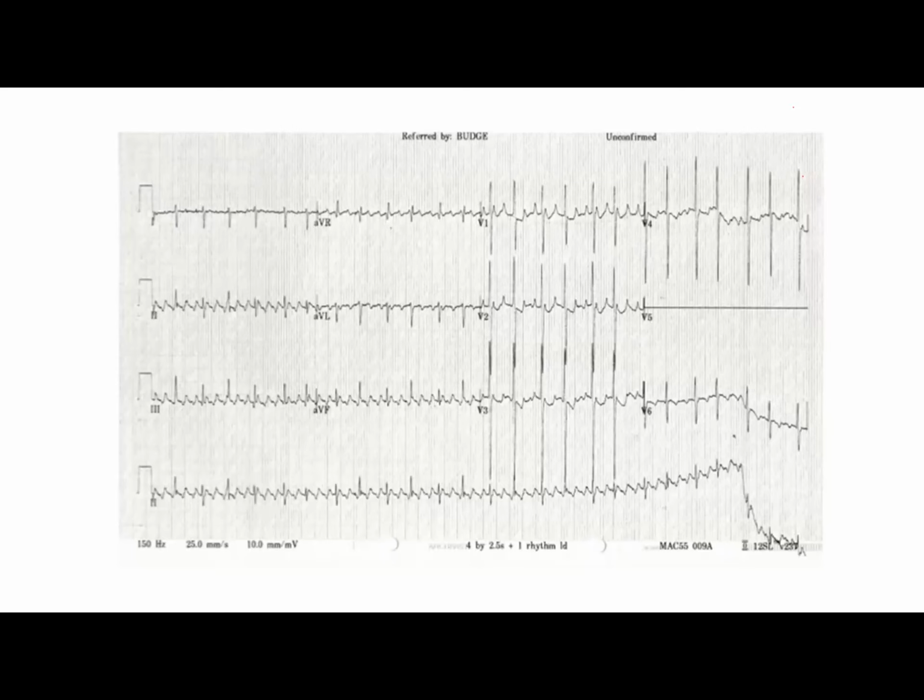Okay, you're seeing 2 P waves. Somewhere I can see 3 P waves also. It's atrial flutter, ma'am. Yes, it's a sawtooth pattern, the typical pattern of atrial flutter. Somebody is saying 2:1.